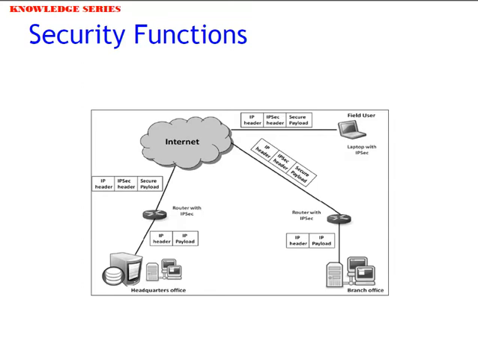Next is origin authentication and data integrity. It needs to provide the assurance that the received packet was actually transmitted from the authenticated party, or from the point where the packet was generated. This is very important from the angle of authentication.